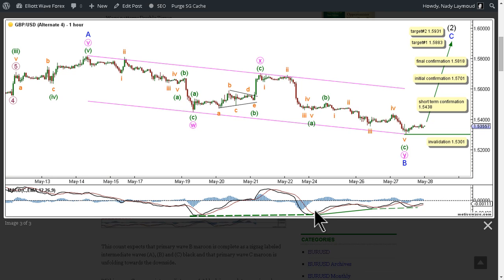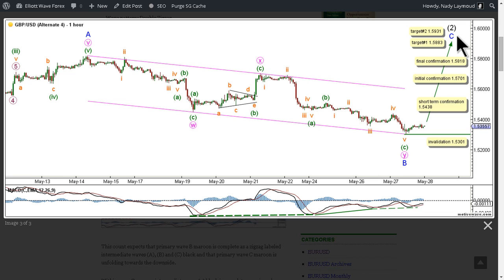MACD is not only registering one bullish divergence between the end of wave W pink and the end of wave Y pink, but also a divergence between the ends of wave A green and the end of wave C green. As well, we have a divergence between the end of wave 3 orange and the end of wave 5 orange within wave C green. All this evidence suggests that wave B blue is structurally complete and that wave C blue is starting to unfold toward the upside.